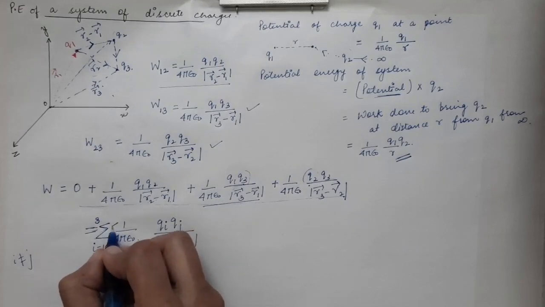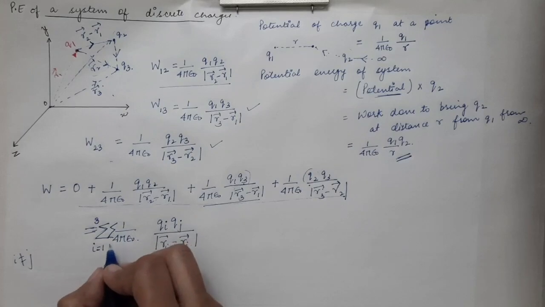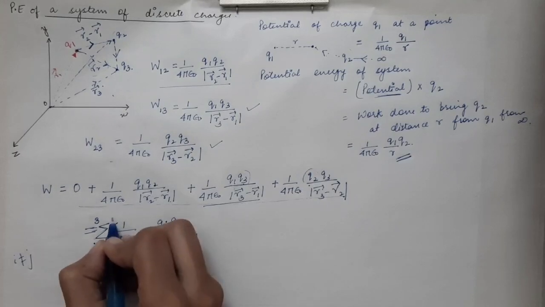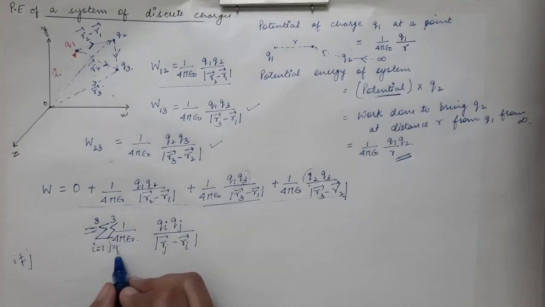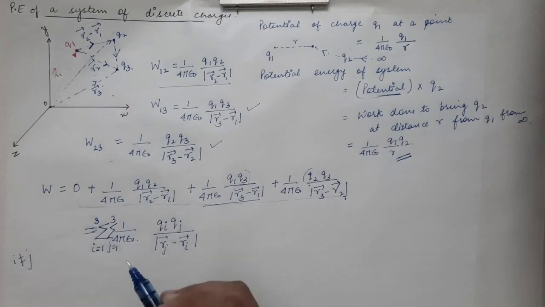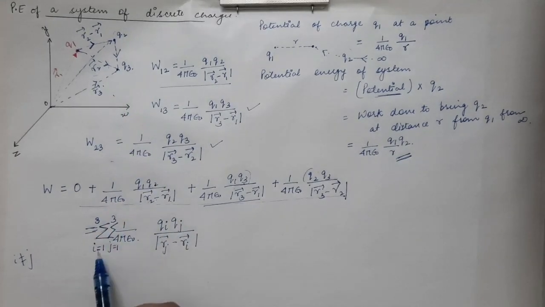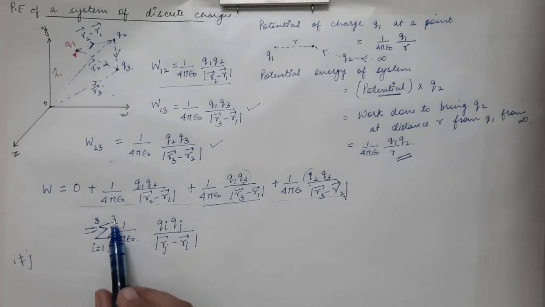And we will have a summation for the second variable, which is j. So we will have two summations. j will go from 1 to 3, so i will also go from 1 to 3 and j will also go from 1 to 3. This number depends upon how many charges you are having. In this system, we have three charges.